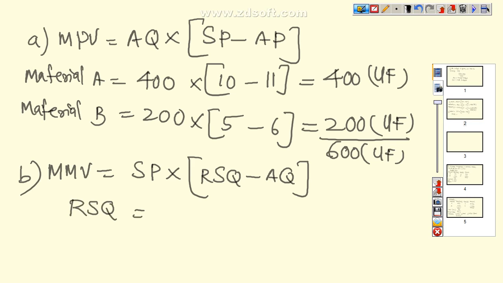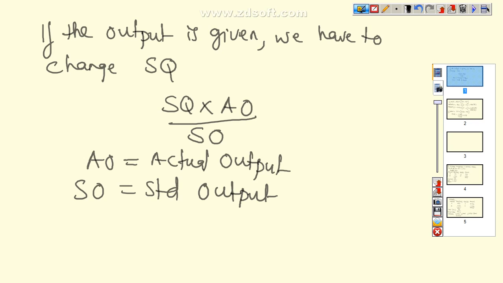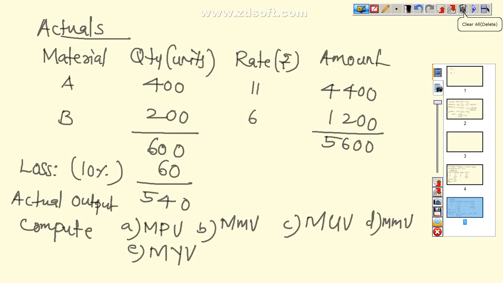RSQ is equal to total actual quantity upon total standard quantity multiplied by standard quantity. There are two materials, A and B. Total actual quantity means the total of A and B input units, that is 600.